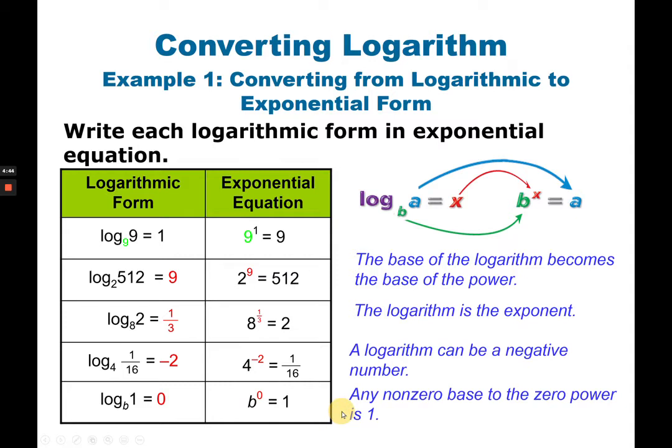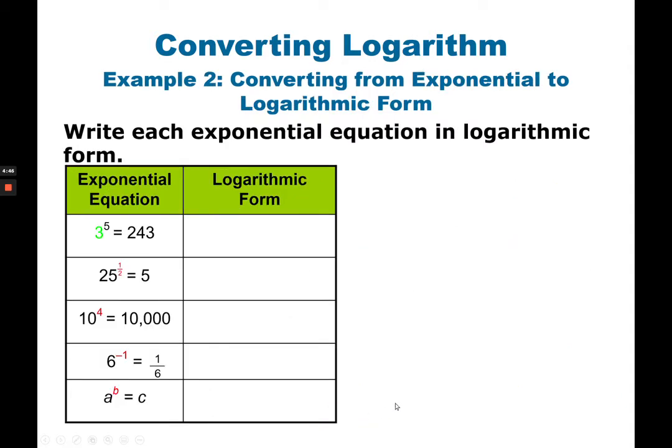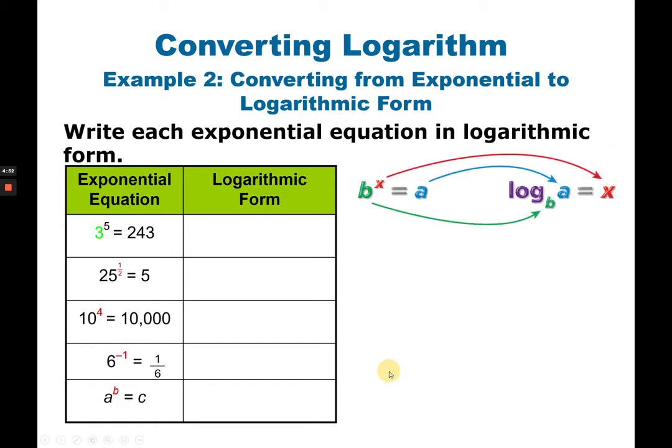Okay. Now, let's have some more examples. Now you have your exponential into logarithmic form. This is your guide. If you have an exponential form, your b becomes the base, your exponent is going to be the logarithm, and a is going to be your number next to the logarithm. So here it is.